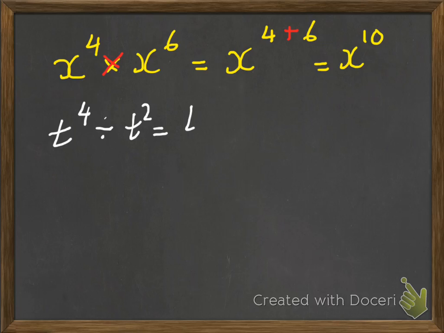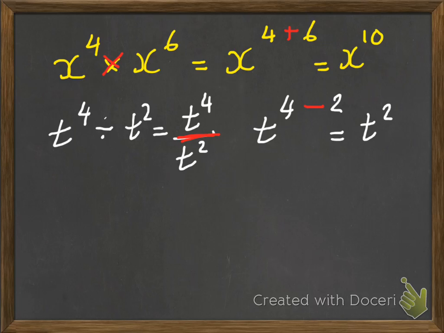Well, that equals t to the 4, because I can rewrite it like that. And I'm looking at this symbol here, which now isn't a divide but becomes a minus, so I get t to the 4 minus 2, so that's t squared.